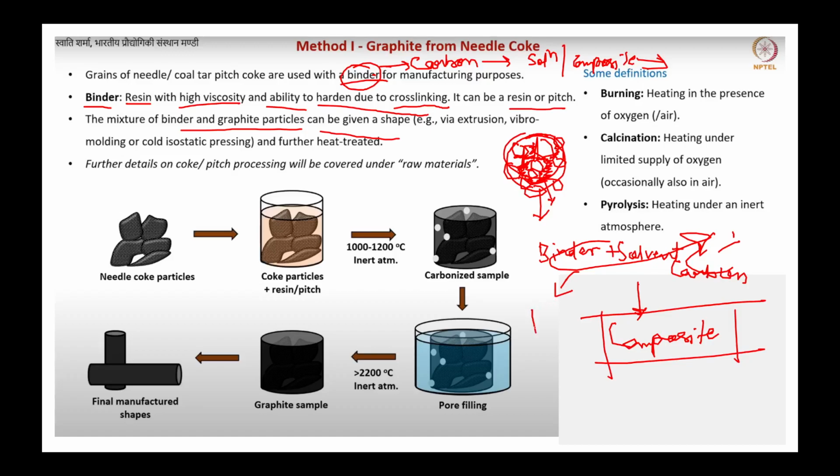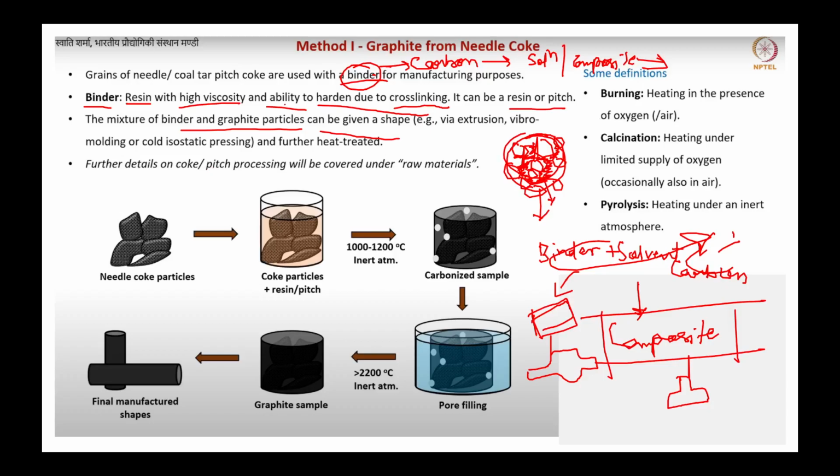You can simply cast it on a glass slide and make something like a sheet. You can do some extrusion and make some good design like this, or like this, whatever shape you want. The further detail will be covered in the raw material course. So these are the things.